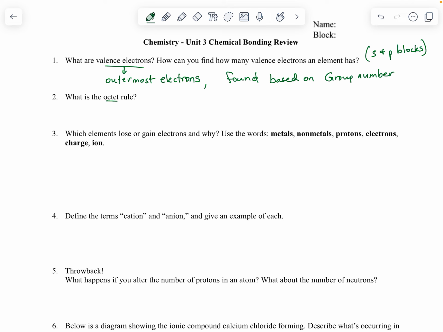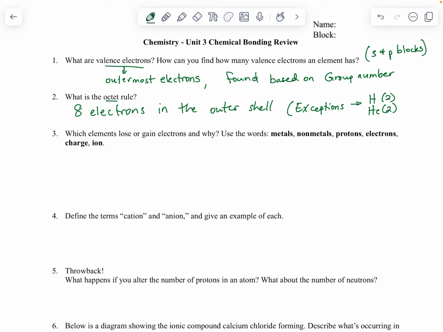So what is the octet rule? Looking at our prefixes here, oct, 8: 8 electrons in the outer shell, right? So 8 valence electrons. And that's what everything aspires to have, just like the noble gases. Of course, the exceptions are hydrogen, which only wants 2, helium, which doesn't react but still is in that first period, so wants 2.